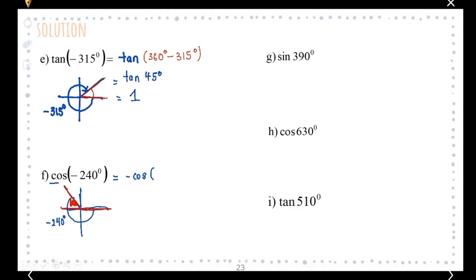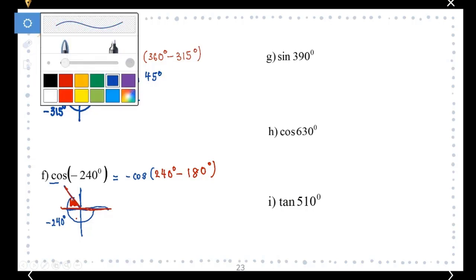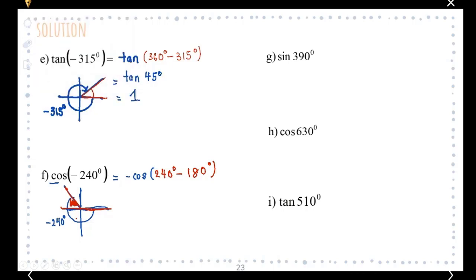To find that, we take 240 and minus 180, which gives us negative cos 60. And 60 is a special angle, so cos 60 is 1 over 2. So the answer is negative 1 over 2.